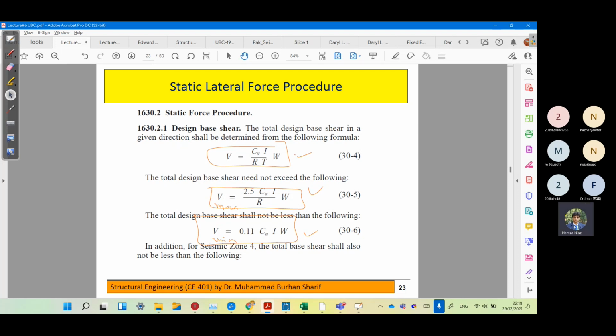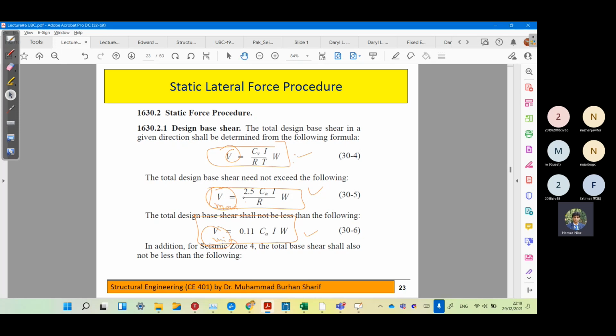We also have to memorize them. Sir was saying that you would not be provided with the formula. So we have to memorize these formulas, and we have to use these three. If V lies between V max and V minimum, then that's okay.